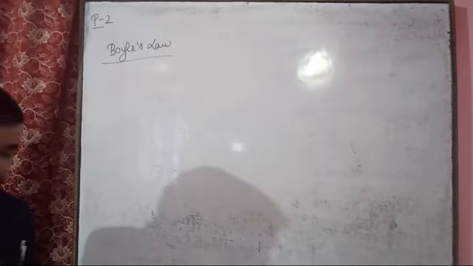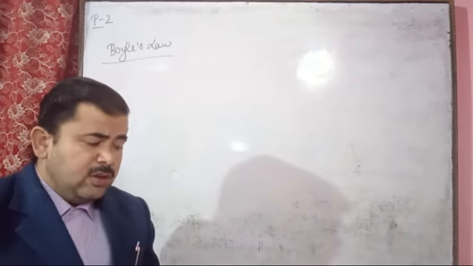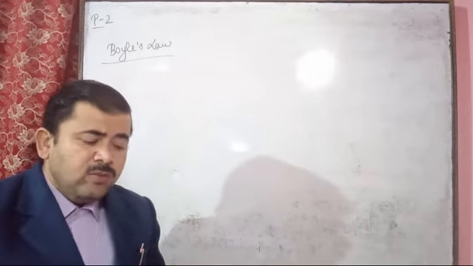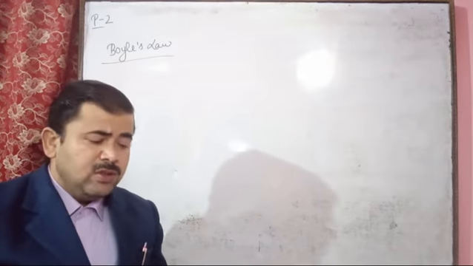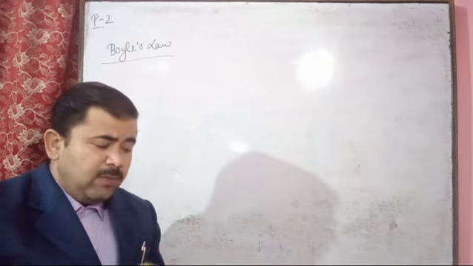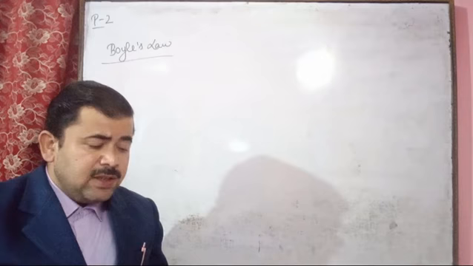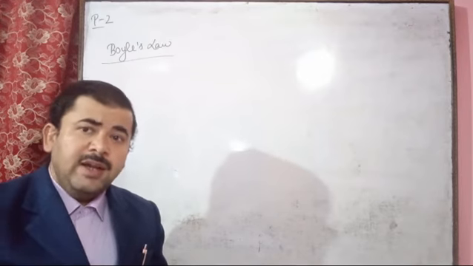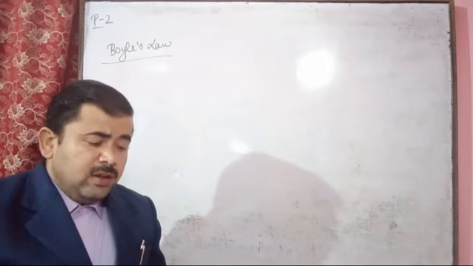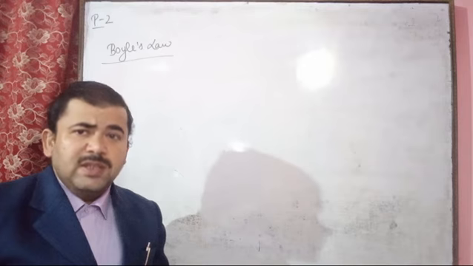First question: a gas is allowed to expand at a constant temperature from an initial volume of 300 ml to a final volume of 1800 ml. At the end of the expansion, the pressure of the gas was found to be 1 atmosphere. At the end of the expansion means final. What was the initial pressure of the gas? So this is the question.